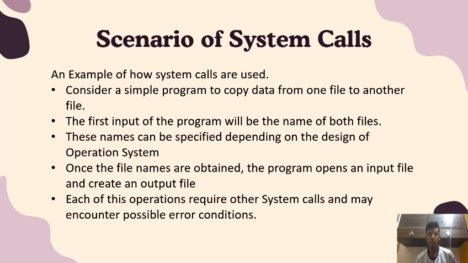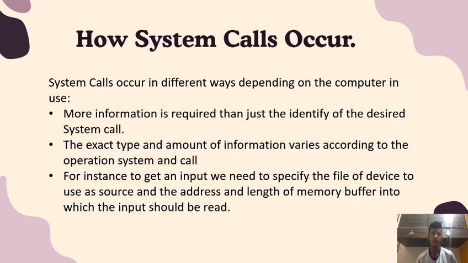Once the file names are obtained, the program opens an input file and creates an output file. Each of these operations requires other system calls and may encounter possible error conditions. This is about the scenario of system calls.